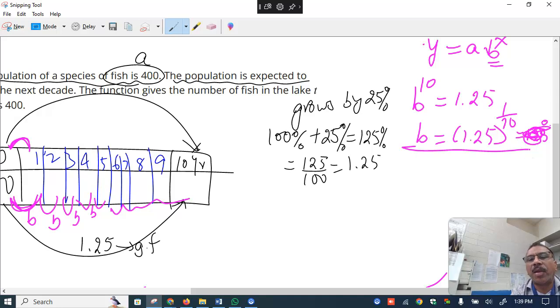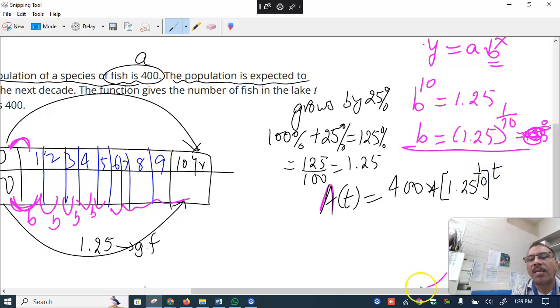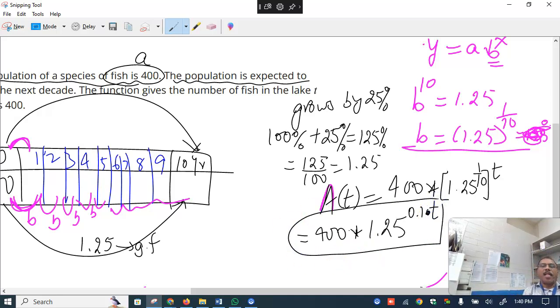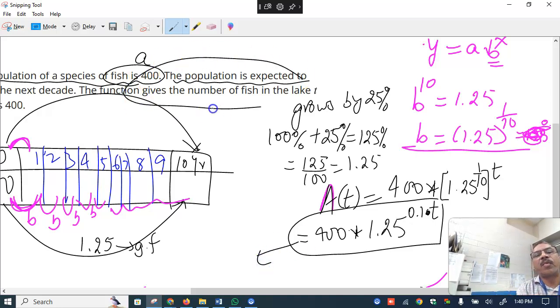So the equation A of T equals what you have in the beginning, that is 400, then each year it grows by this factor 1.25 raised to 1/10, raised to T. That is the same as, in decimal form, 400 times 1.25 raised to 0.1 times t, and that takes care of that last one. So you can clearly see this is how beautifully we can model real life situations.